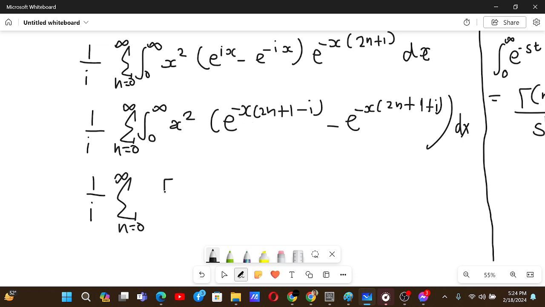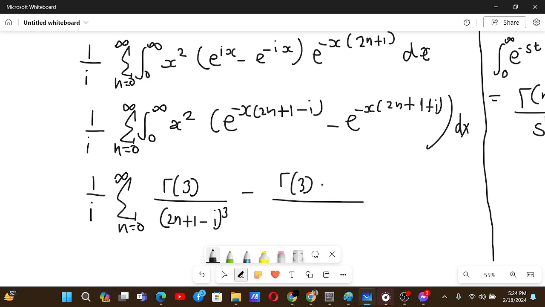Over here we'll have gamma of 3 for the first one by 2n plus 1 minus i cubed, minus again gamma of 3 by 2n plus 1 plus i cubed.